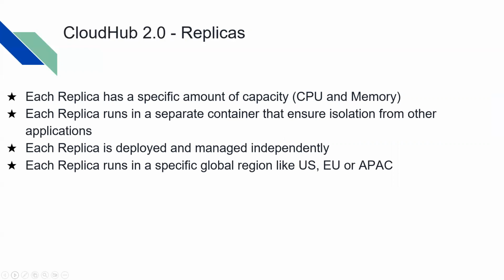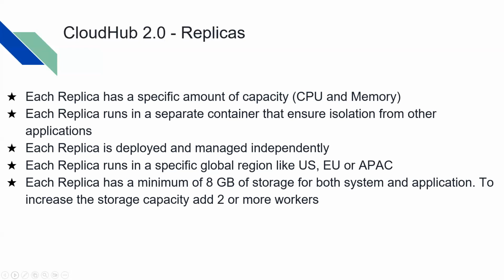They can run in specific global regions, and at this moment they can run in the US region, Europe region, or APAC region. Each replica has a minimum of 8 GB of storage for both system and application usage.